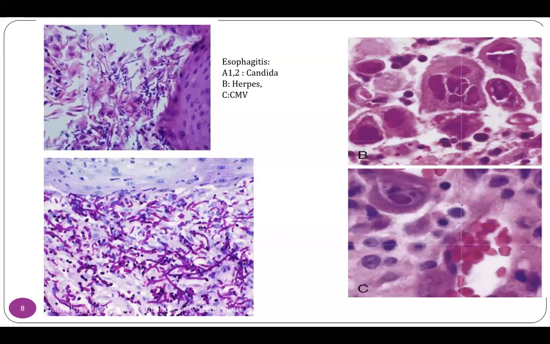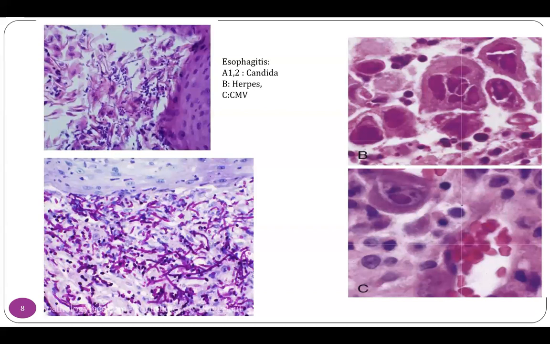The other one, cytomegalovirus, same thing. Most of the time it's seen in patients taking chemotherapy or some medication, but it can be seen in healthy patients. Remember, in cytomegalovirus we have viral inclusions, and they can be both in the cytoplasm and in the nuclei.